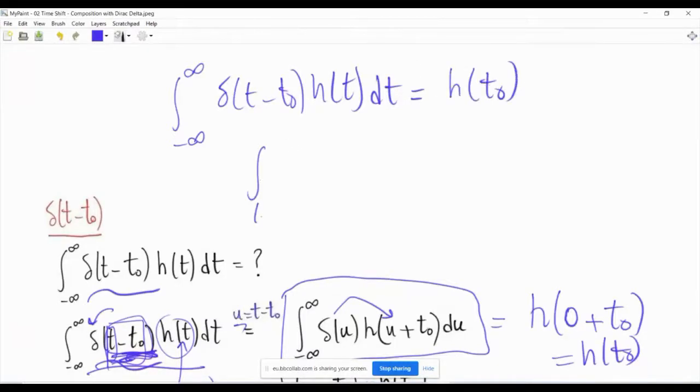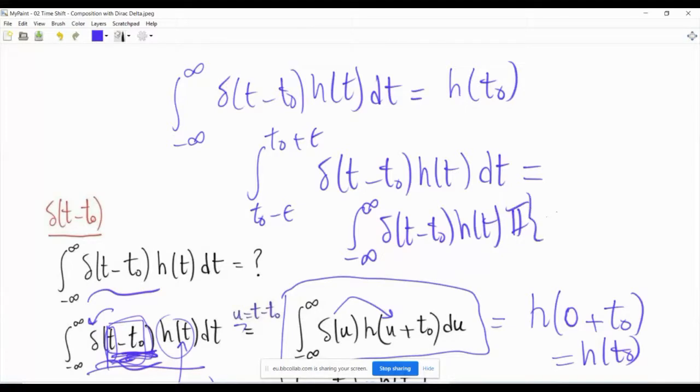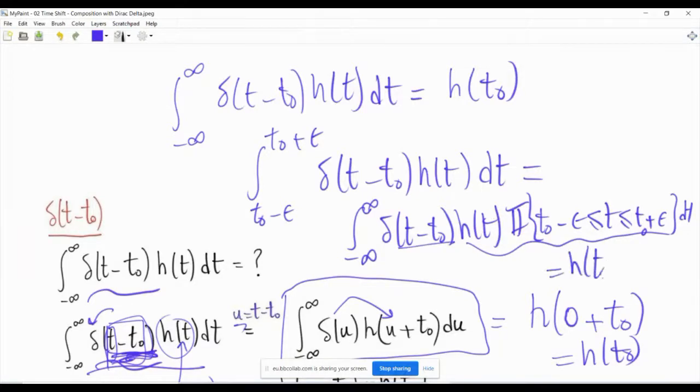What if we do the integral from t0 minus epsilon to t0 plus epsilon of delta of t minus t0 times h of t dt? Well, you can take an integral from minus infinity to infinity, have h of t, and an indicator of t0 minus epsilon to t0 plus epsilon. The Dirac delta will evaluate this function at t0. If you put t equal t0, the indicator function will be equal to 1, and h of t will become h of t0, so this is also equal to h of t0.